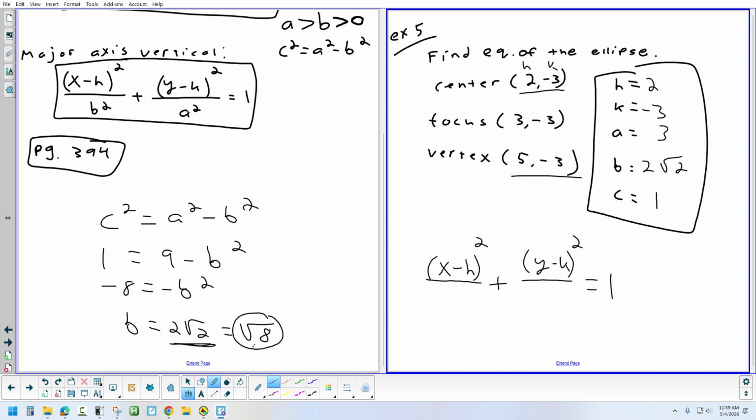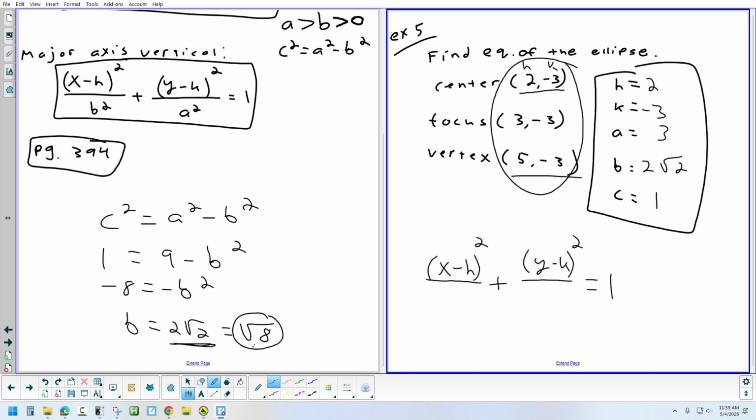Now we got to think about the denominator. We know it's an a squared and a b squared, but we got to put them in the right spot. How do these points line up if you draw them? 2, -3, 3, -3, 5, -3. They all have the same y value. So how do points with the same y values line up? Yep. Horizontal. That means all those points have to be along the major axis.